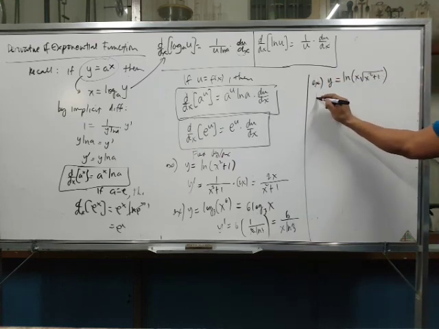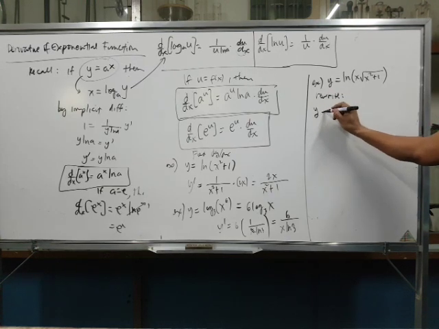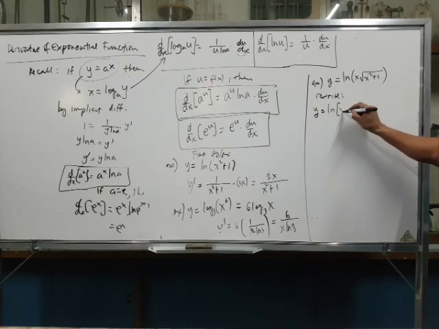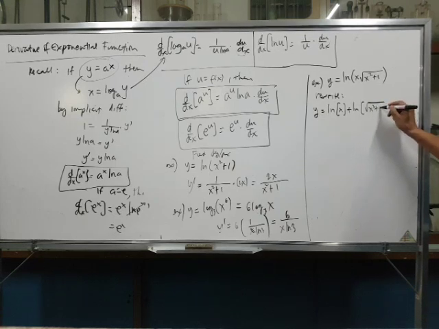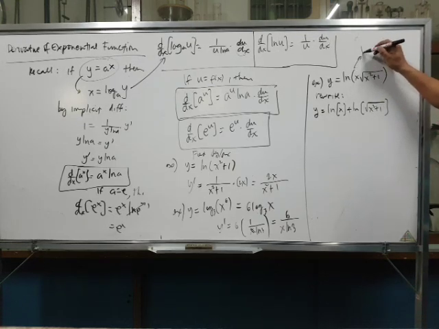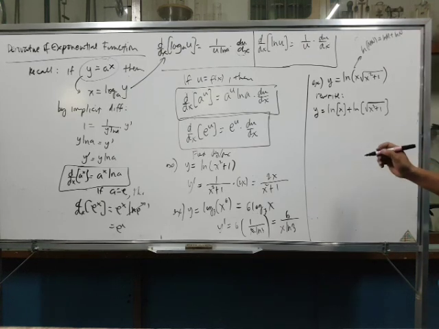To avoid that, we will first rewrite y as ln of x plus ln of the square root of x squared plus 1. So we apply the formula logarithm of m times n equals ln m plus ln n.